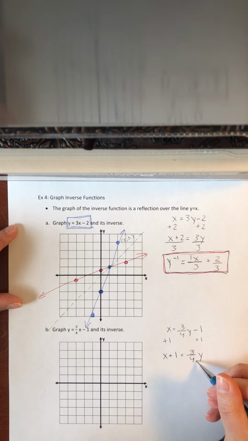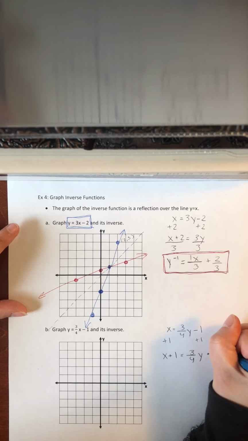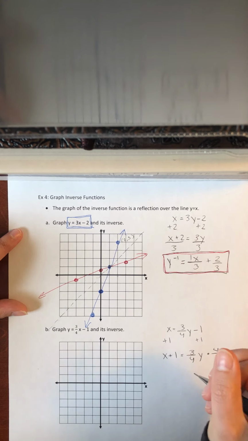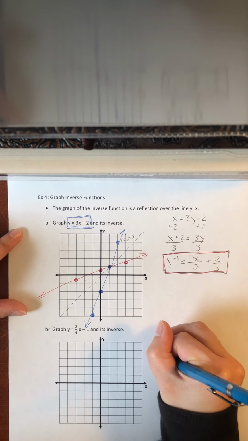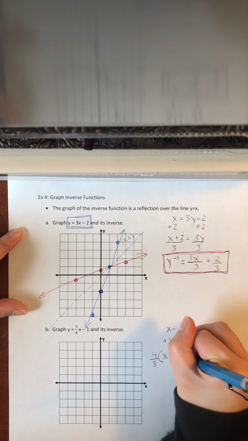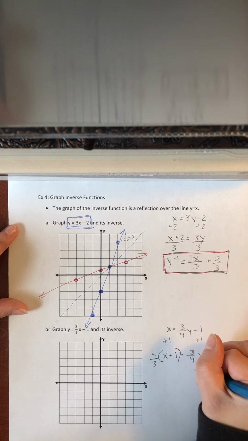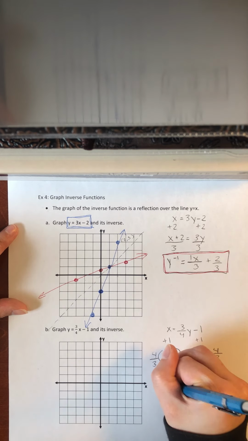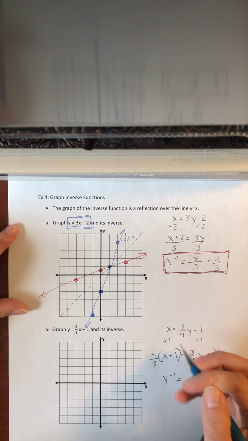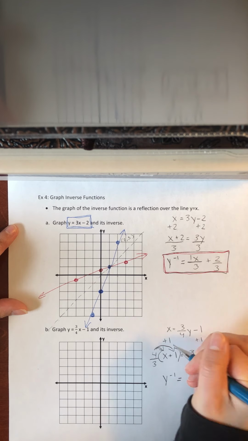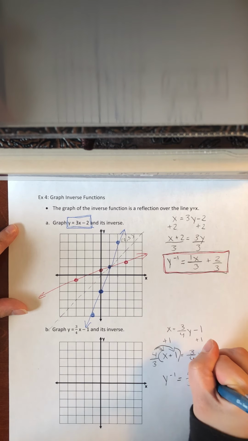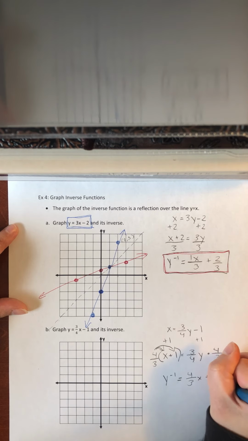When I have a fraction next to a variable, multiply by the reciprocal to get rid of it. Now when you multiply by 4/3 over here, you got to be careful because you got to multiply it through the entire equation, so put it in parentheses. So now on this side you have y inverse equals, this distributes, 4/3 x plus 4/3.